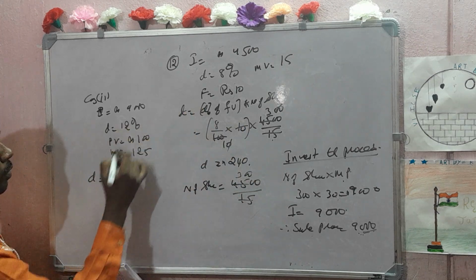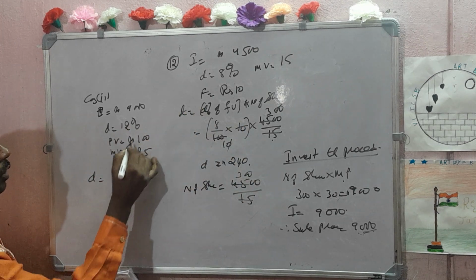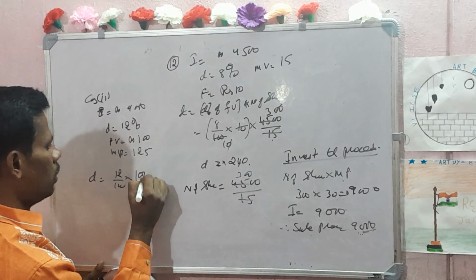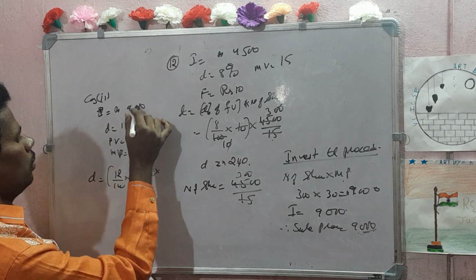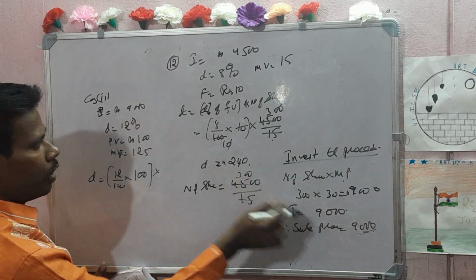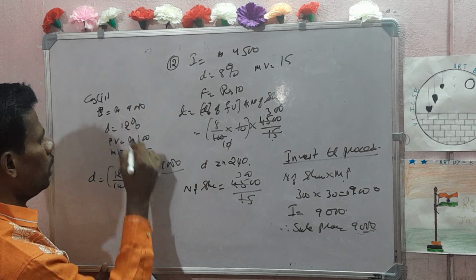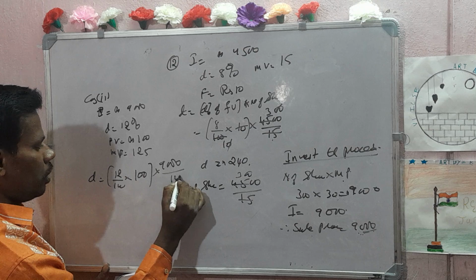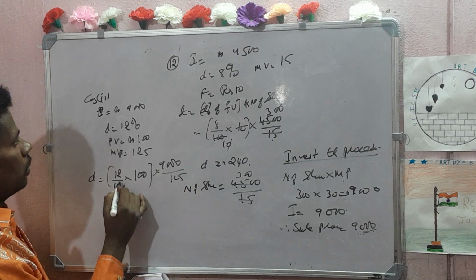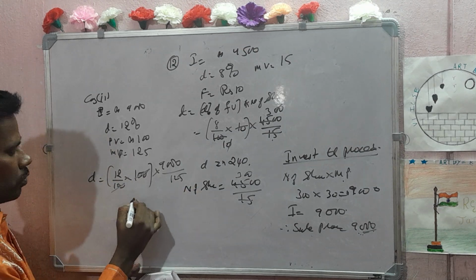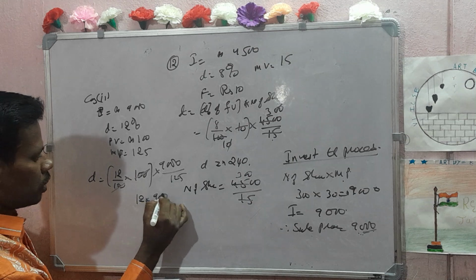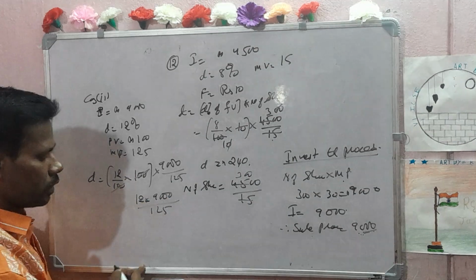Again use this formula: dividend is dividend percentage, 12 by 100, into face value 100, into number of shares. Number of shares is investment 9,000 by market price 125. So 100 cancels, and now it is 12 into 9,000 divided by 125.